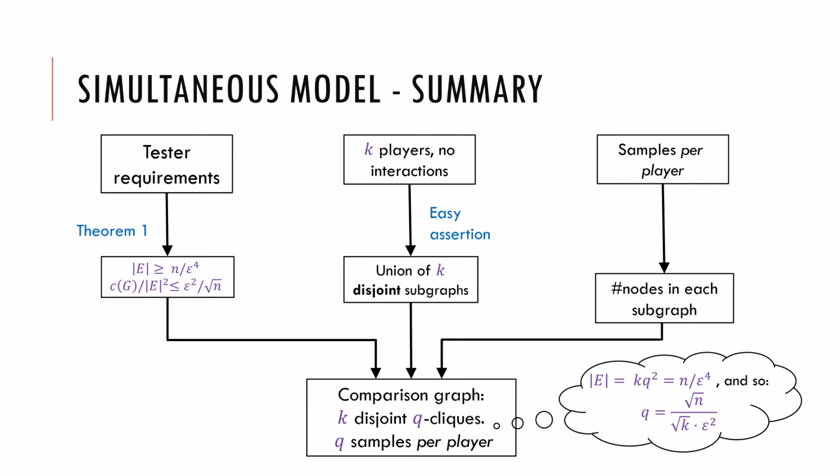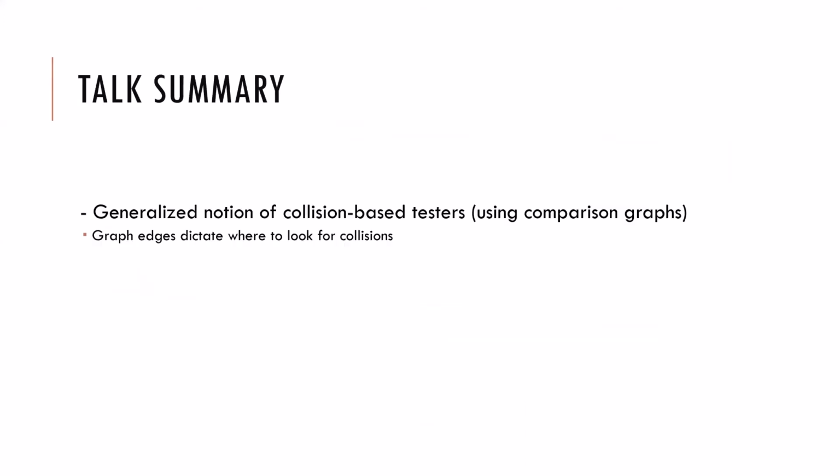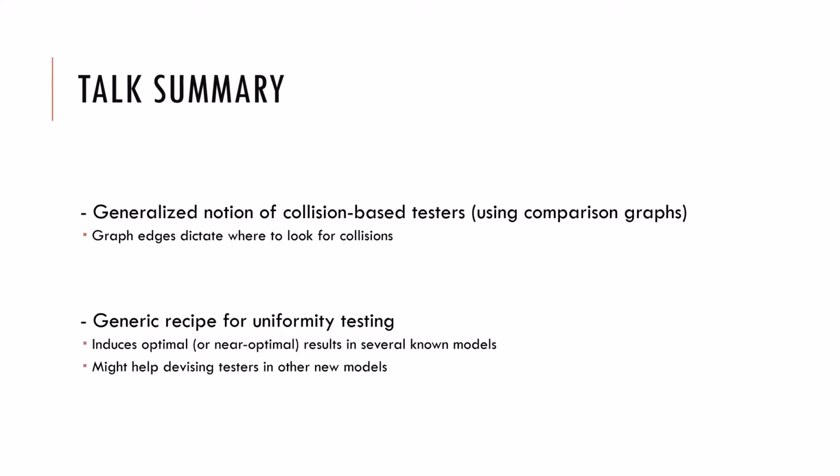So let's sum up the entire talk. We generalized the notion of collision-based testing using the definition of a comparison graph, where the graph edges dictate which comparisons to make. And we gave a generic recipe for uniformity testing that works in various models.